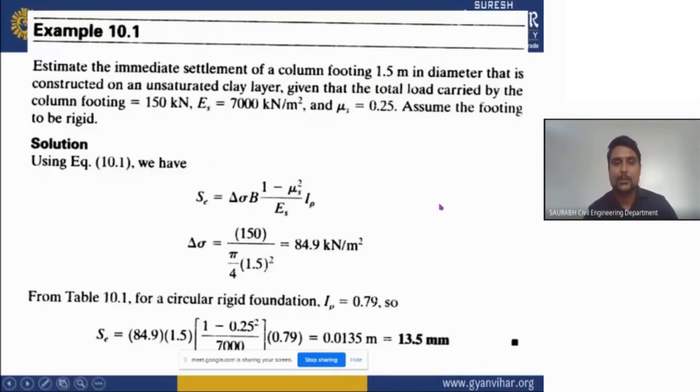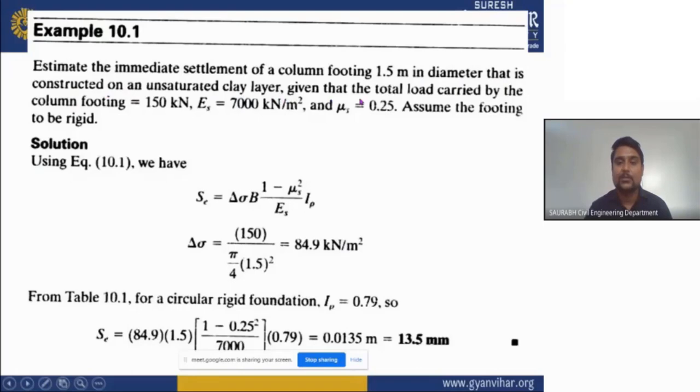Now we will see one example of finding the immediate settlement, estimation of immediate settlement. Here in the question it is given: estimate the immediate settlement of a column footing 1.5 meter in diameter that is constructed on an unsaturated clay layer.